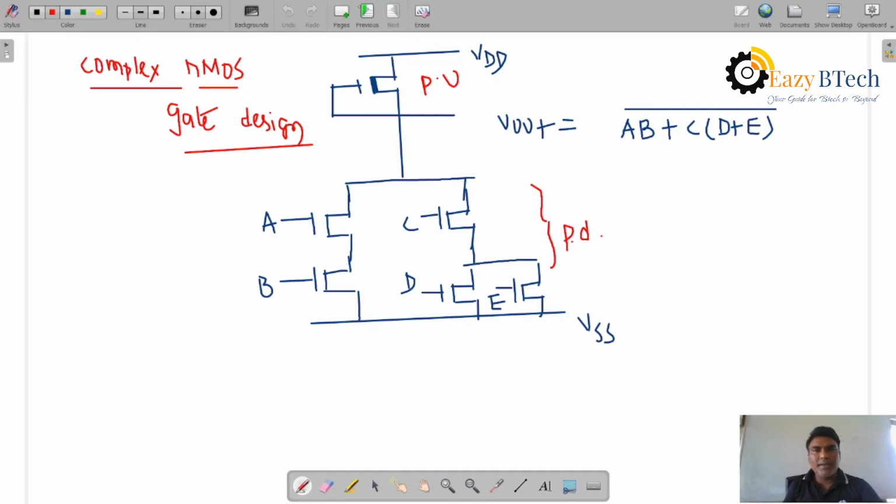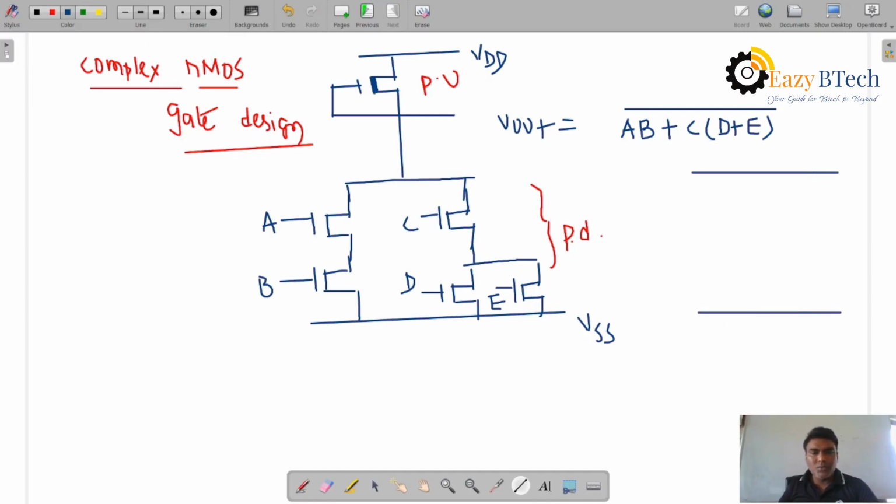Let us see the stick diagram for this. Let me draw it here. VDD and VSS are blue, right?